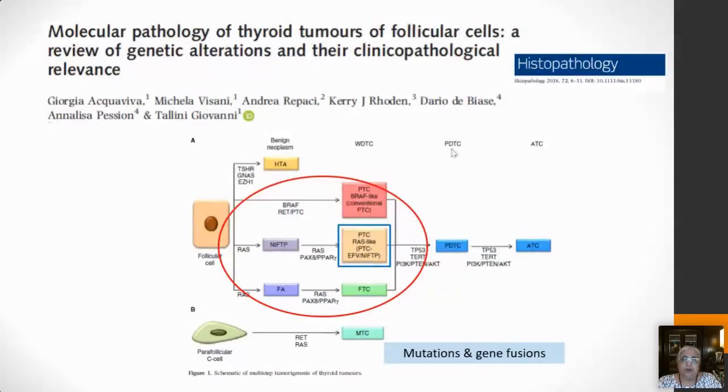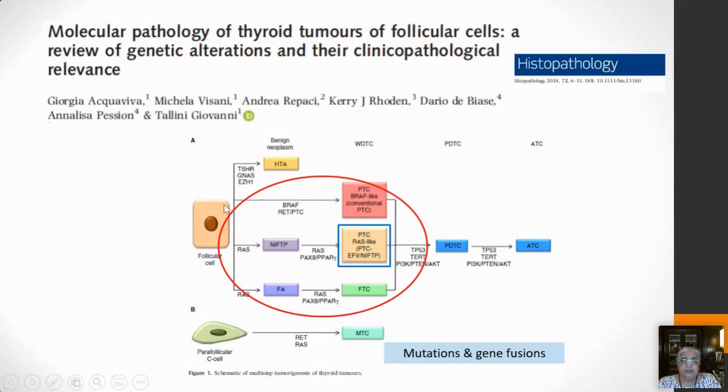Okay, when we talk about papillary thyroid carcinoma, we know that a thyroid follicular cell, if it has either a BRAF mutation or a RET/PTC translocation, becomes a papillary thyroid carcinoma and behaves like one. And most of these tumors, in fact, I would say the majority of them, have conventional PTC-like nuclei.